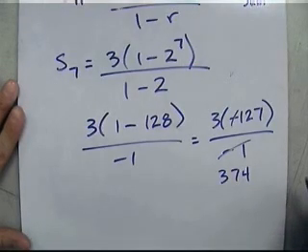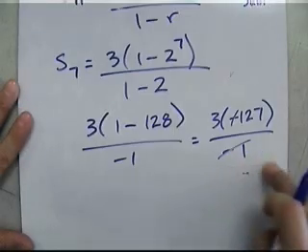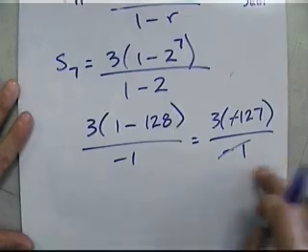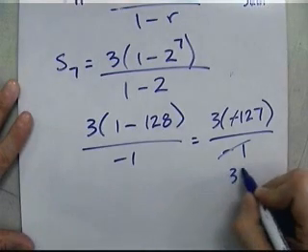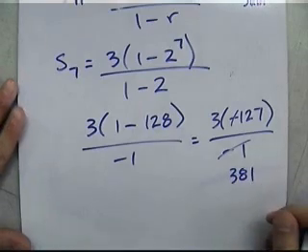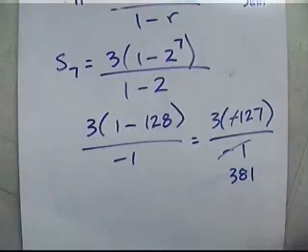I screwed up. 381? Yeah. I got 380. 125. 127 times 3. Oh, okay, I know what I did. Got it. I was like, why did my brain not do that right? Yeah, I'm good. I did too. Oh, I did.